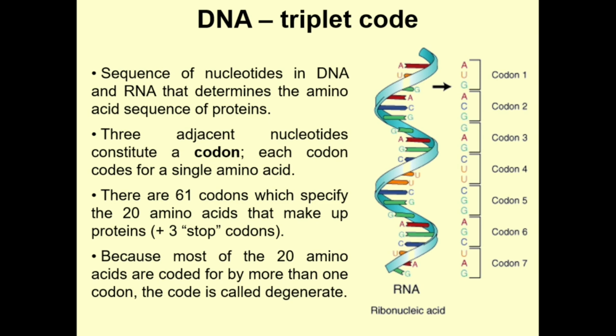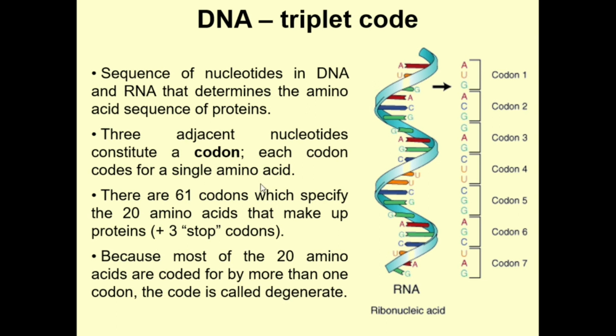So you have way more than you need, but it's the smallest number that you can get to while still covering the 20 amino acids. So we end up with a lot of surplus, but it's still the most efficient that we could get to. So we have 61 codons that code for the 20 amino acids, and then there are 3 codons that are stop codons that actually stop the process of copying and making our proteins.